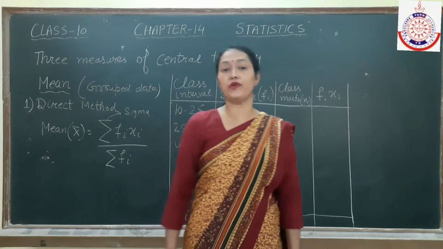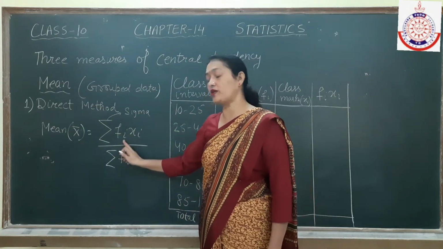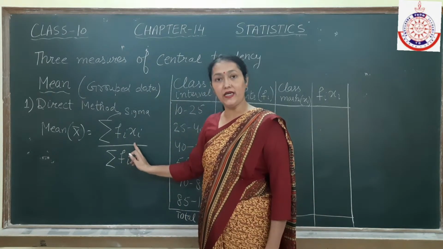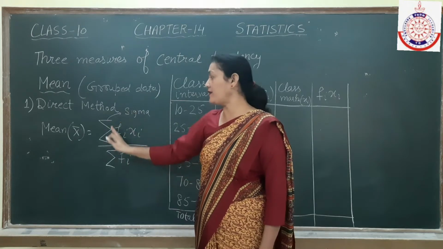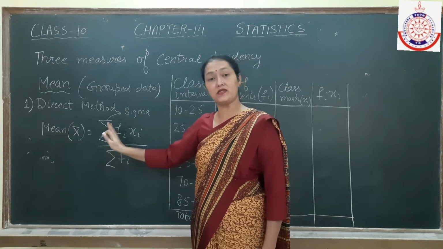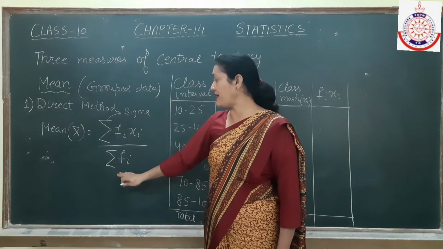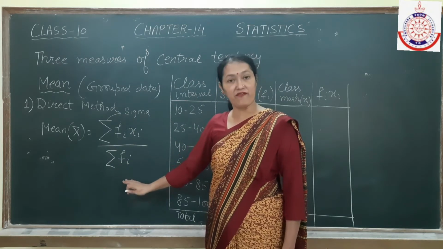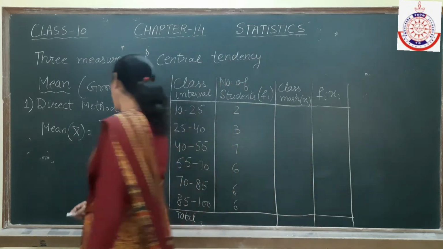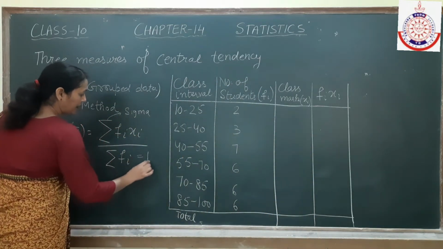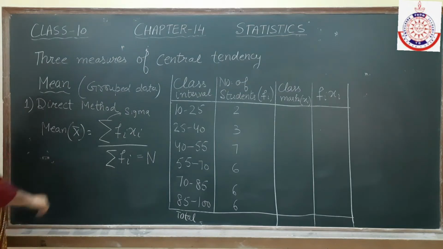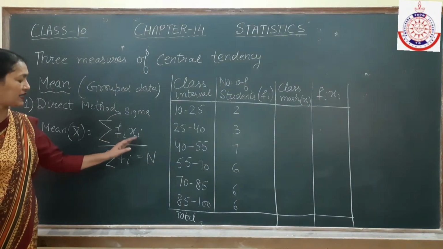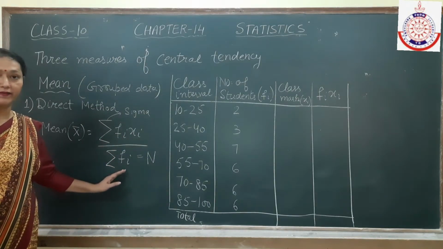So we are going to find the product of fi and xi. Whatever answers come, we'll be adding all the answers, that means summation sigma, and we'll be dividing this total with the total of frequency, sigma fi. In place of sigma fi, we used to write capital N also. So formula will become sigma fi xi upon sigma fi.